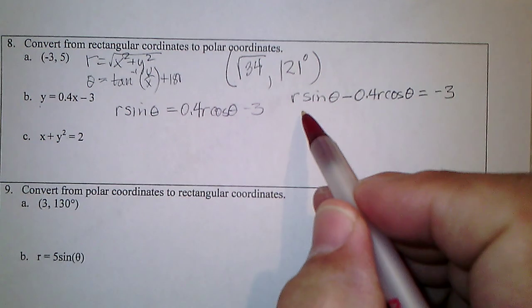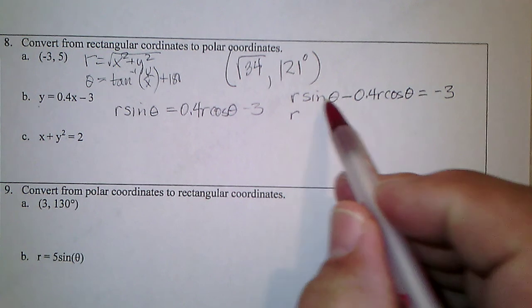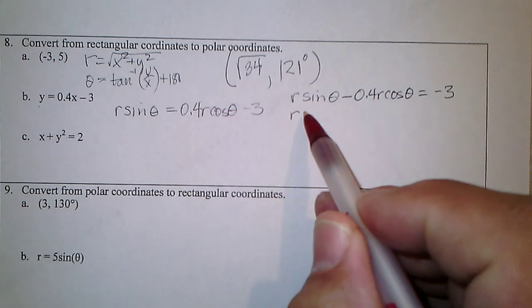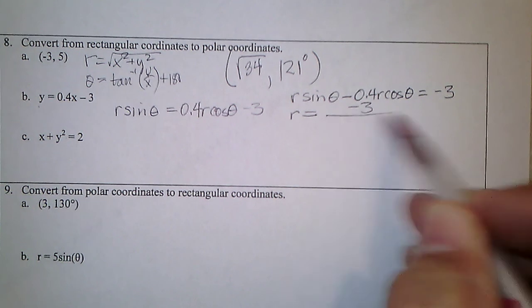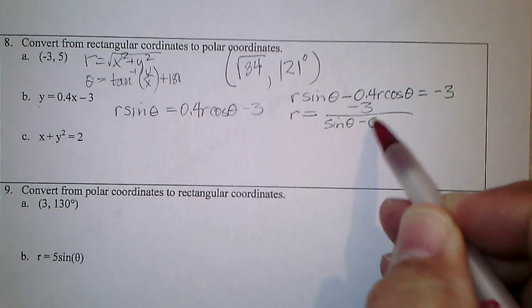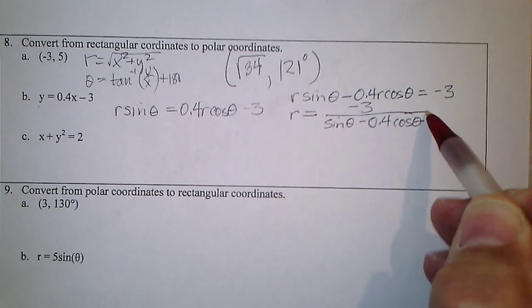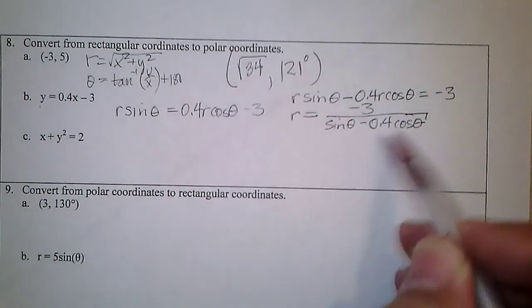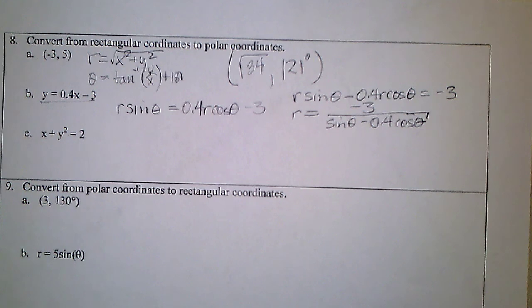Factor out an r, and I'd have r times sine theta minus 0.4 cosine theta, and I would divide both sides by that, and I'd have r equals minus 3 over sine theta minus 0.4 cosine theta. And that's something you could type in as the equation. It should be a line, because that's what that is.